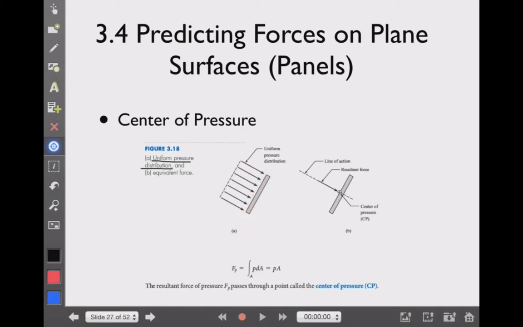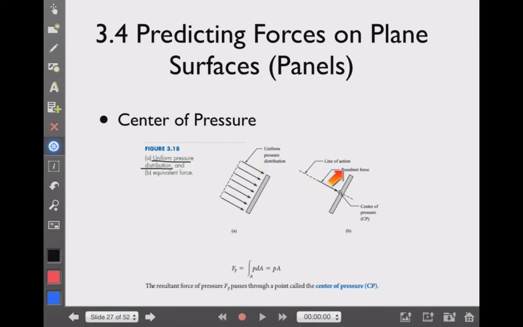And what we can do then is we will show that the force resulting from that pressure can be enacted along a line of action through the centroid in the case of a uniform pressure distribution.